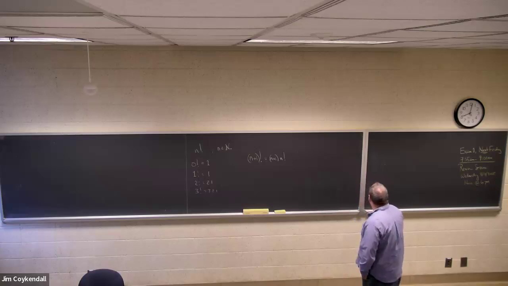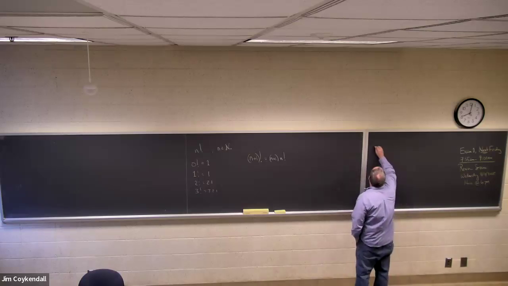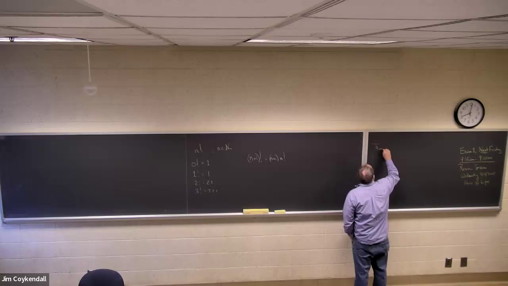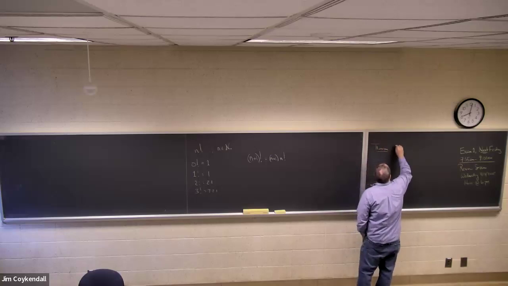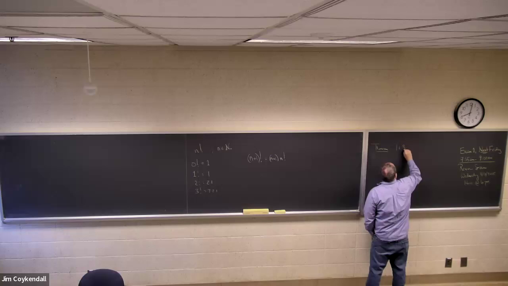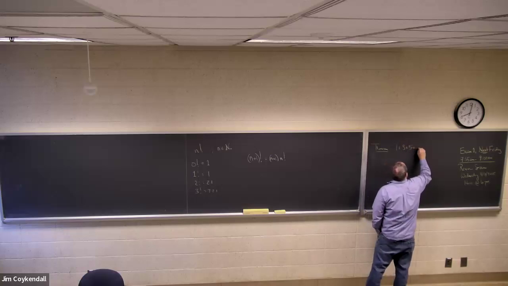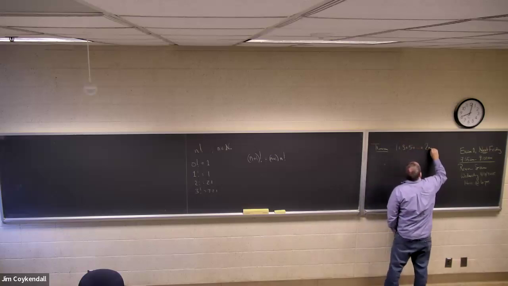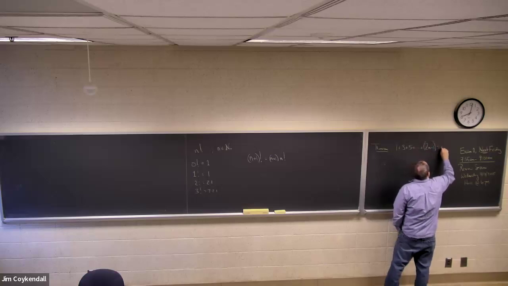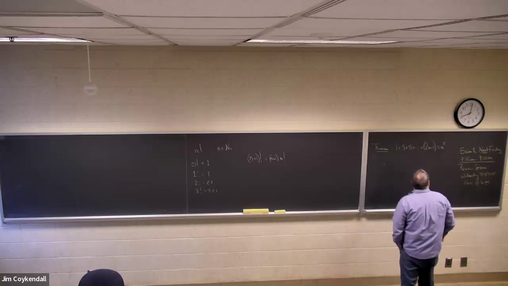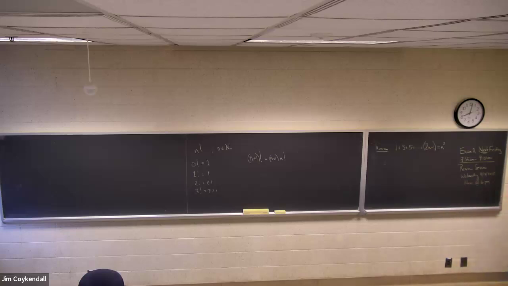I want to kind of redo the one that I did last time. When you add the first n odd numbers, you get the number of things you added up squared.